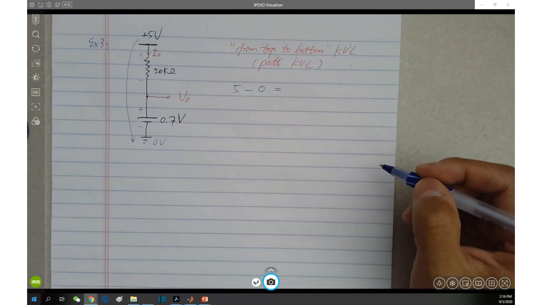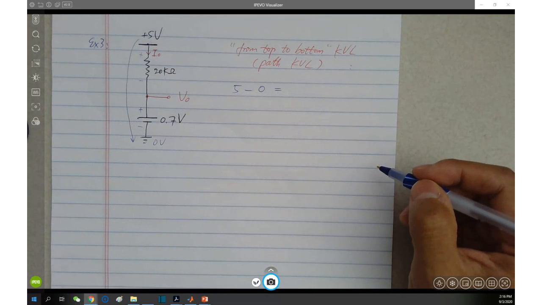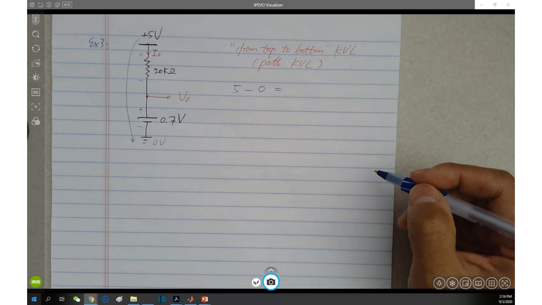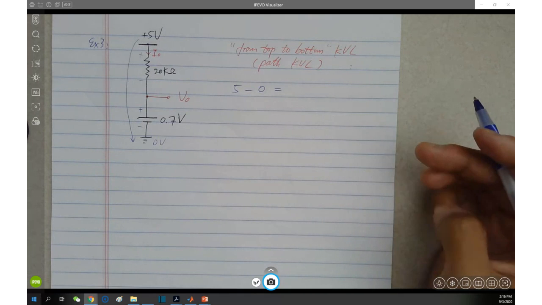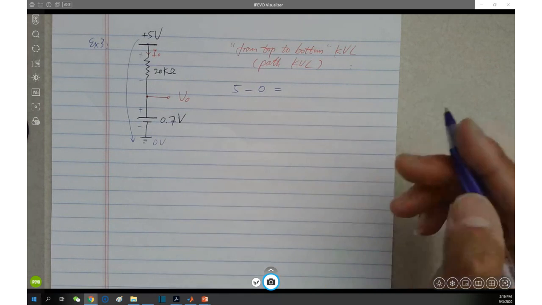In other words, along this path there are only 2 components: one is the 20 kilo ohm resistor, and the other is the 0.7 volt voltage source. The sum of the voltages across them equals 5 minus 0. Does this make sense? If it does, then go ahead.